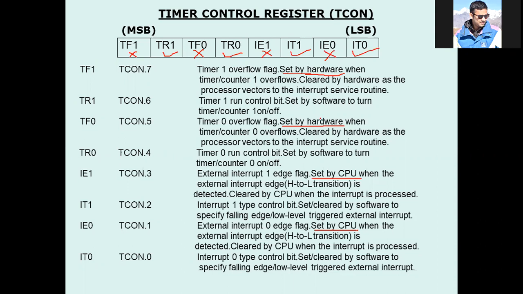I've categorized depending on this particular specification, and you can see if we erase those things, you can see this TF1 is, TF0 is, IT1 is, and IT0 is.